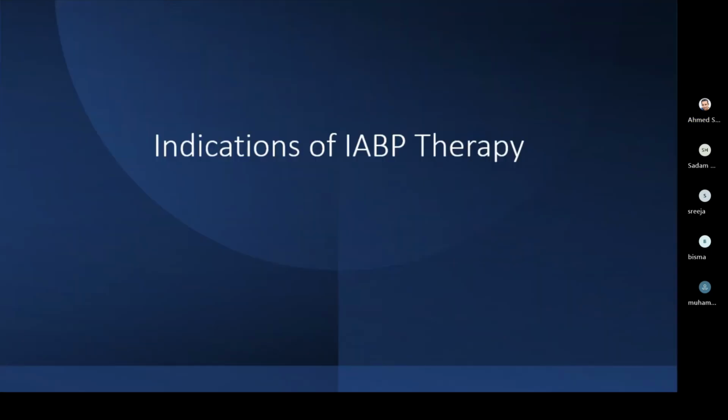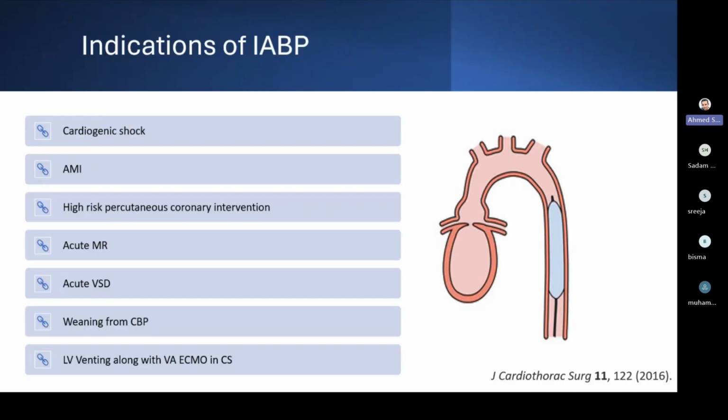Going to the indications of the intra-aortic balloon, there are many, mainly related to cardiogenic shock, acute myocardial infarction, and high-risk PCI. There are also mechanical complications like acute mitral regurgitation and acute VSD related to myocardial infarction, and mechanical circulatory support for those patients to wean from cardiopulmonary bypass.